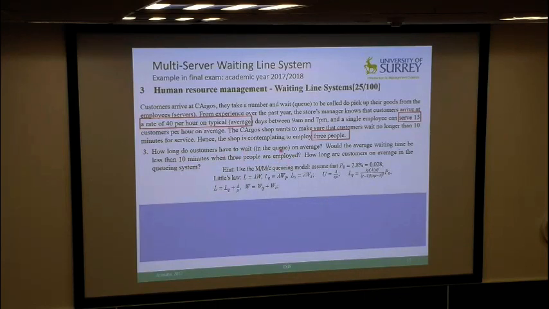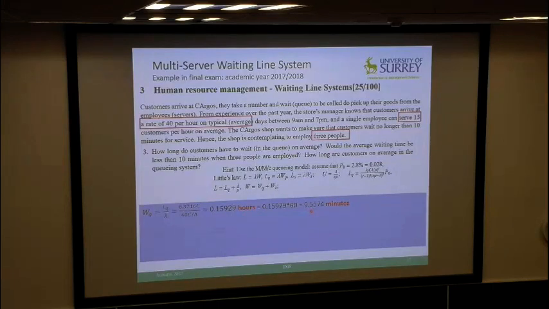How are we going to calculate the average waiting time? We know LQ, which was calculated in the last question, so we can calculate WQ, the time, as LQ divided by lambda, which is 40. Roughly we get a number that's not easy to understand, so we convert it to minutes: 9.55 minutes.